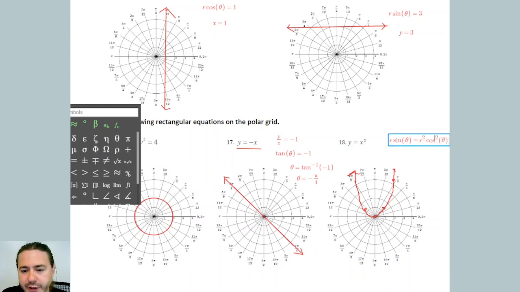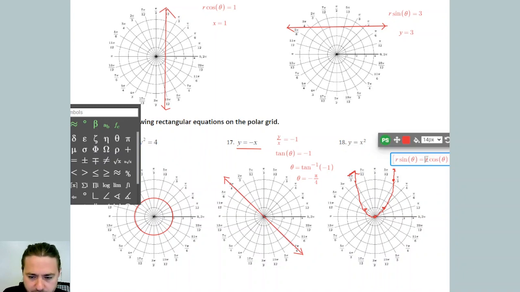Just to clarify, really it's r cosine and then the whole thing is squared, but when you square a product, you're just squaring each individual factor. So we'll get r squared times cosine squared.